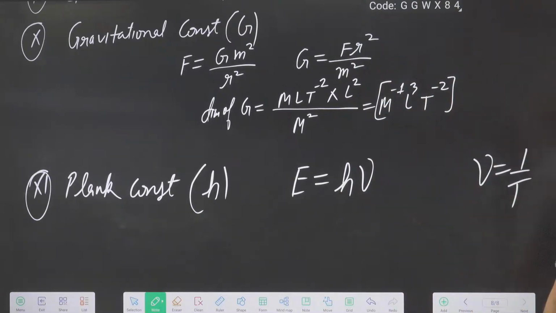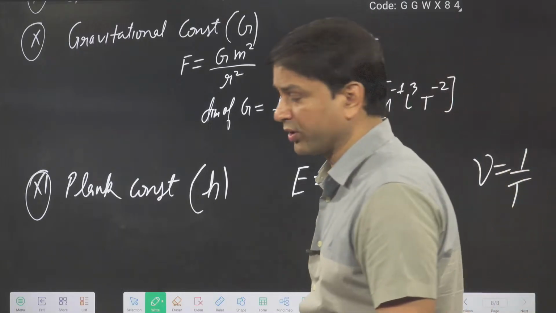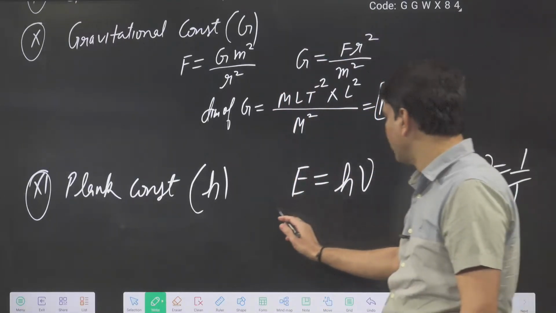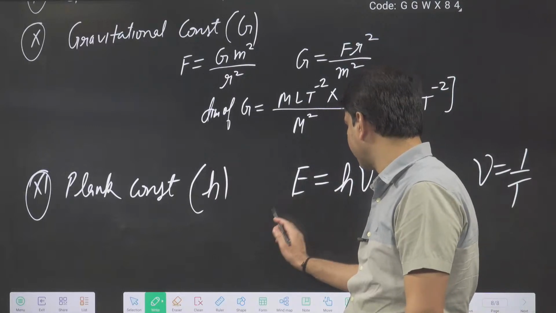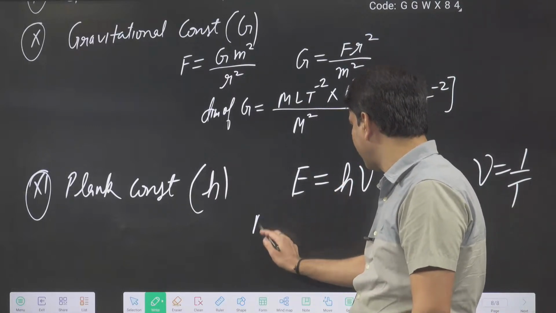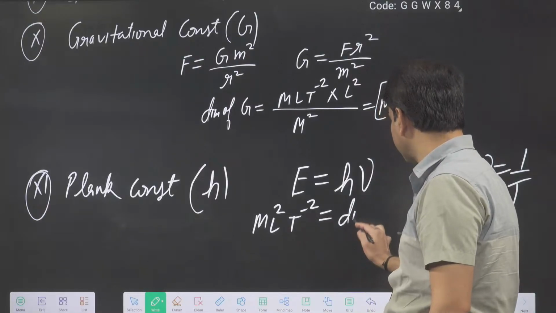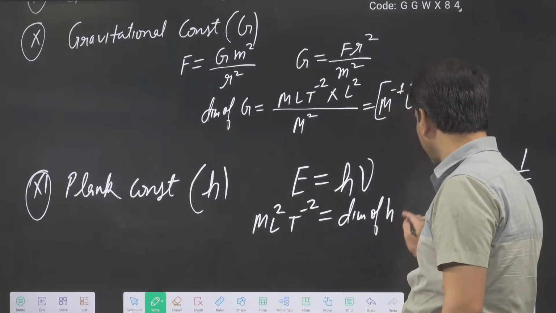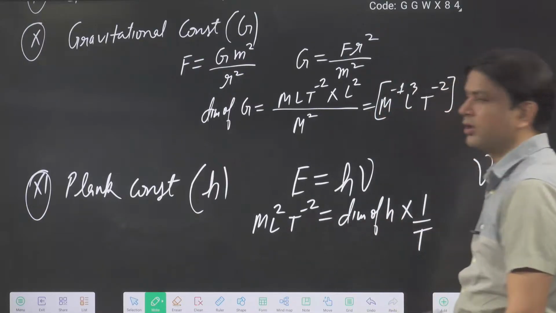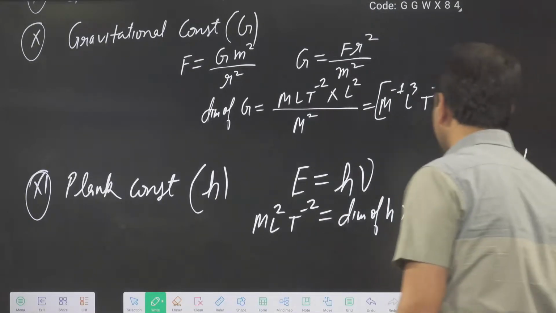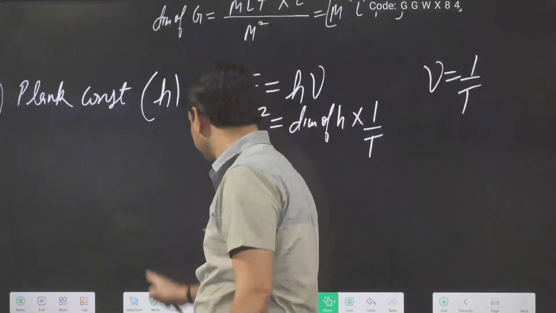Okay. So frequency I can write as 1 by t. Energy already I know, ML2 T minus 2. Then now dimension of h, what you will get? Dimension of h means E dimension ML2 T minus 2, divided by nu dimension 1 by t. Cross multiply: ML2 T minus 1. ML2 T minus 1 is the dimension of h.